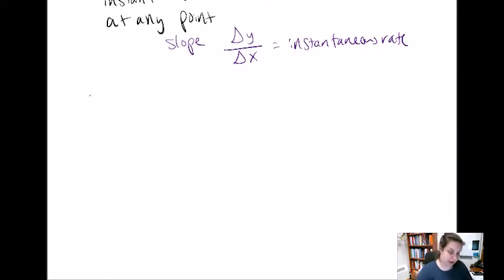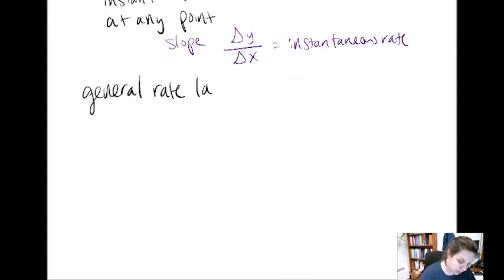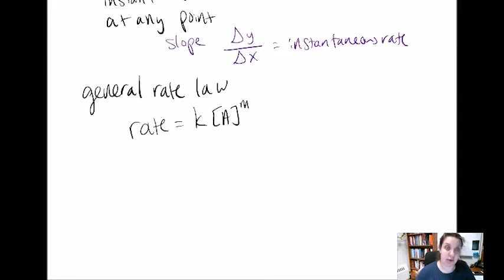Last thing we want to talk about is our general rate law. The general rate law looks like this: rate is equal to our rate constant, k, times substance A to its reactant order, times substance B to its reactant order.